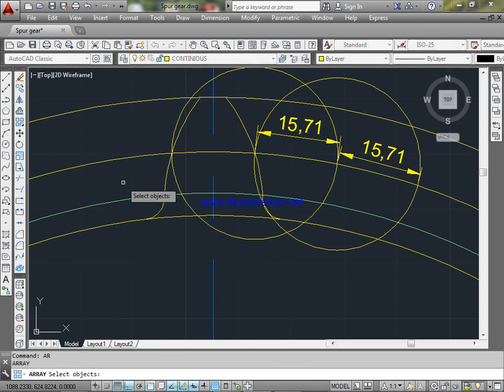In the array command, we draw the rest of the teeth in one command only.